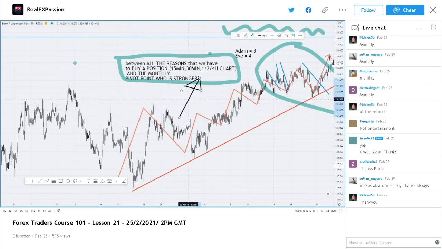Oh, I don't agree with you, Passion, or this doesn't matter to me. Between all the reasons that we have to buy a position on the 15 minute, 30 minute, 1 hour, 2 hour, 4 hour chart, and your Telegram group and your Facebook signals, and the monthly pivot point, who is stronger?